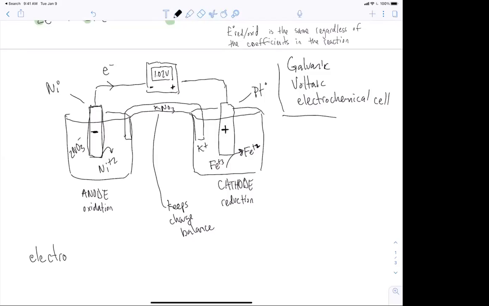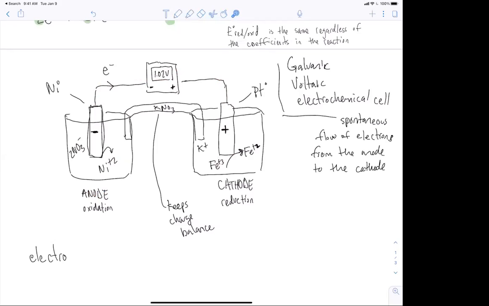So these are cells where there's spontaneous flow of electrons from the anode to the cathode. So this just happens spontaneously. I hook this thing up and this reaction just goes and it moves electrons from here to here.